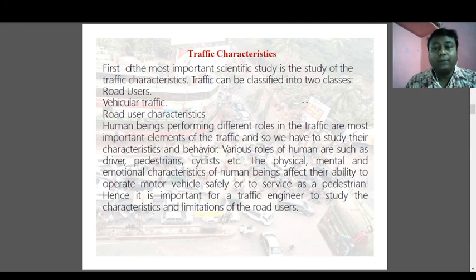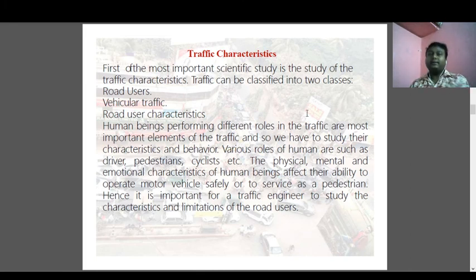Various roles of humans are the driver, pedestrian, cyclist, etc. The physical, mental, and emotional characteristics of human beings affect their ability to operate motor vehicles safely or to serve as a pedestrian.